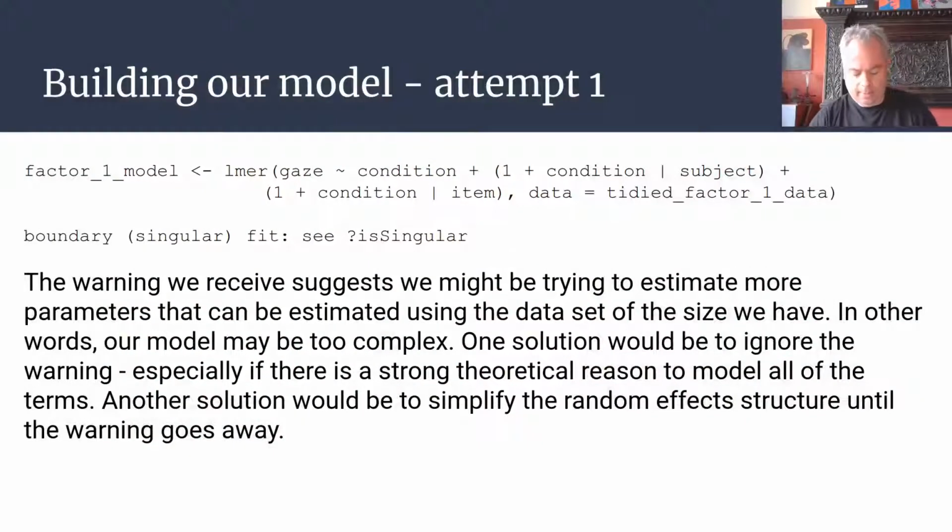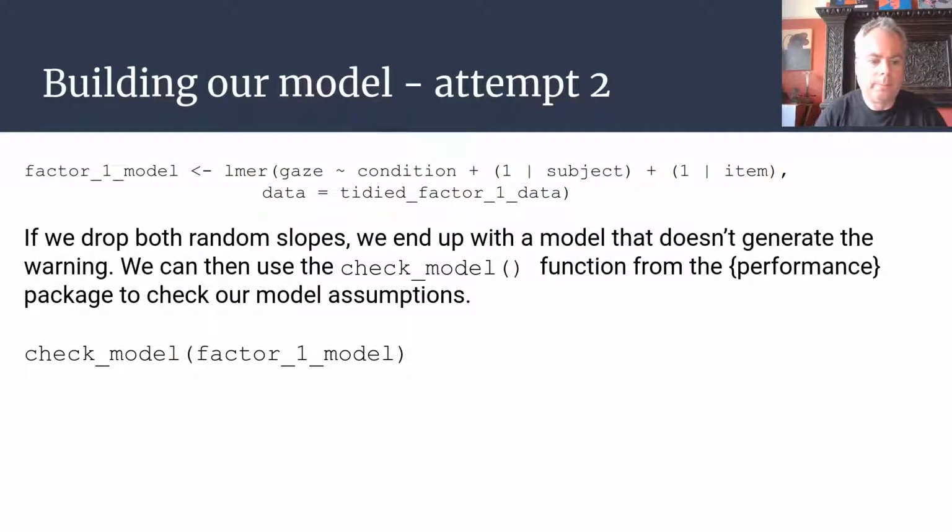So you can simplify the random effects terms by incrementally dropping, say, a random slope from your item term and rebuilding the model. If the error is still there, you might then decide to drop the random slope from your subject random effects term. So you do it iteratively like that until you find a model that doesn't generate the warning. So that's one way you might want to do it.